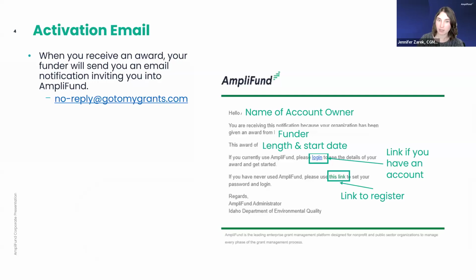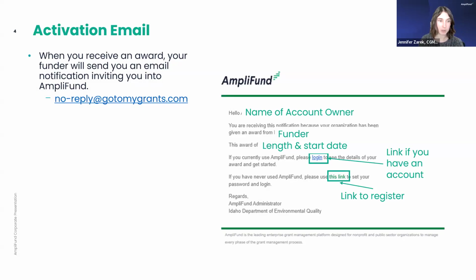There's a screenshot of the email in the slide deck here, and I'll draw your attention to the box that says link if you have an account, and then the box that says link to register. For most of you, you're going to want to click the words "this link," which are going to take you to a registration screen. If you have used AmpliFund before and you have an account, you'll just click that login to log in as normal.